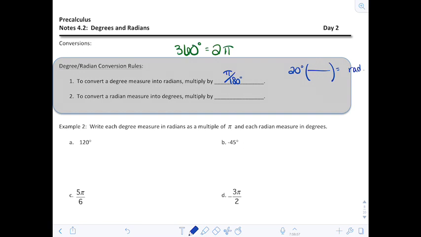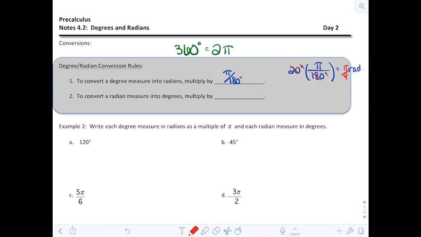Because I want degrees to cancel, I'm going to put the 180 in the bottom and pi radians in the top. This will make my degrees cancel, and I'm left with pi, and then 20 goes into 180 9 times. So that would be pi over 9 radians. Hopefully that makes sense. We're going to have a chance to practice here in just a minute.